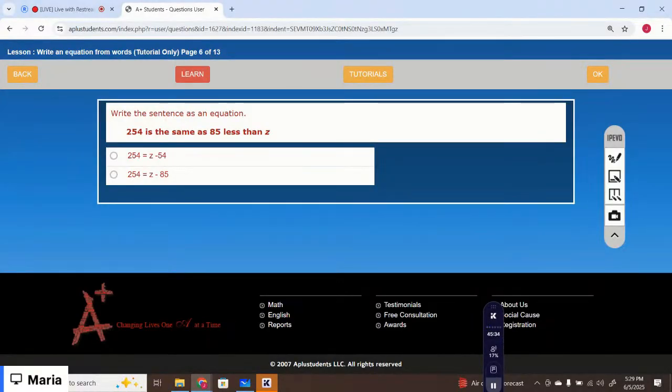So which is the correct option? 254 equals z minus 85. Option number 2 is the correct option.